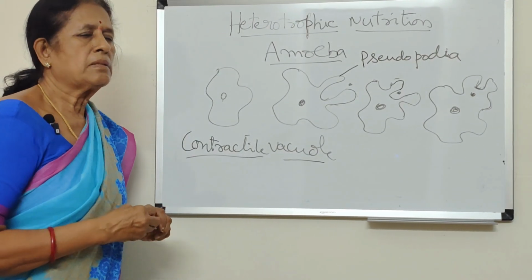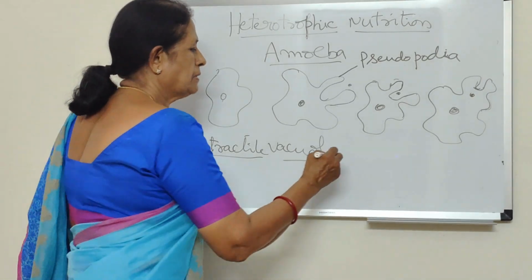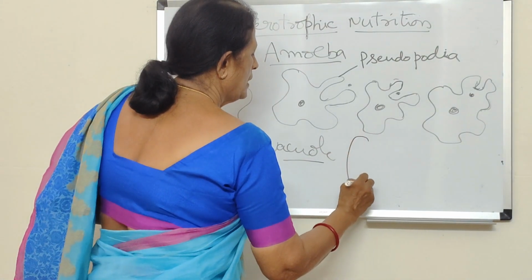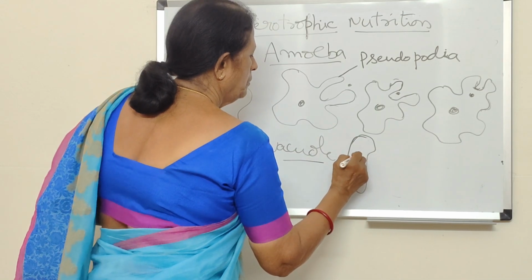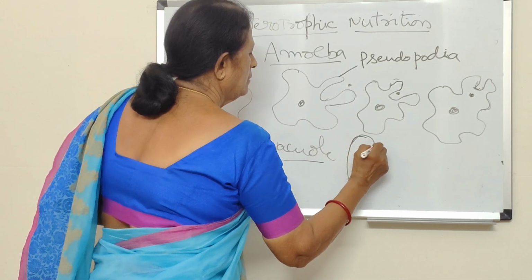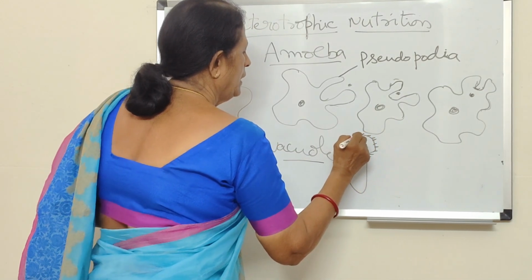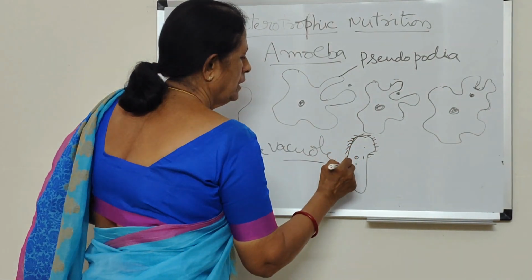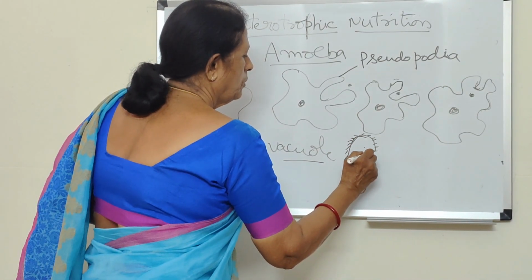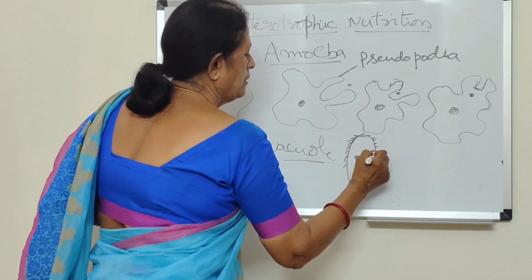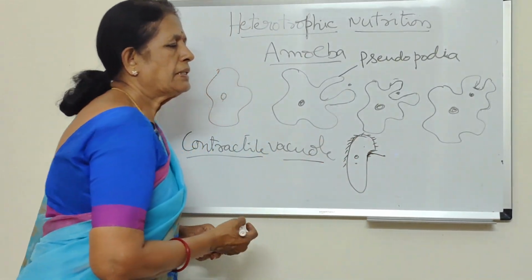Okay, and next paramecium, which looks like the sole of a foot, having two nuclei. It has cilia throughout the body which help in its movement, and it has a special type of opening which is called cytostome, through which it takes its food.